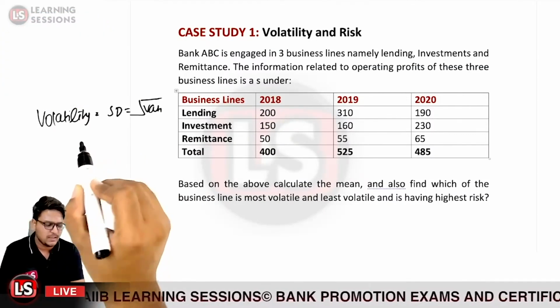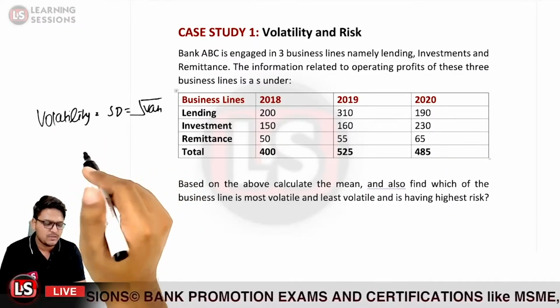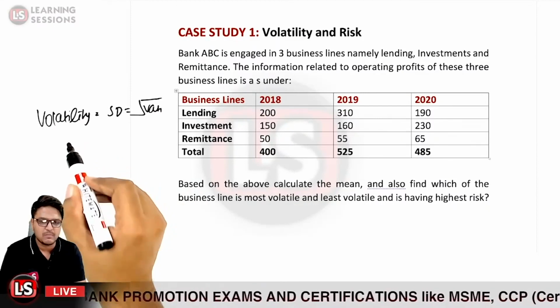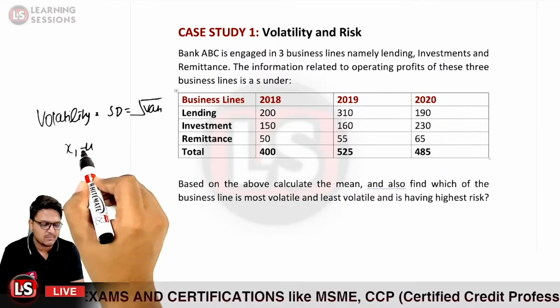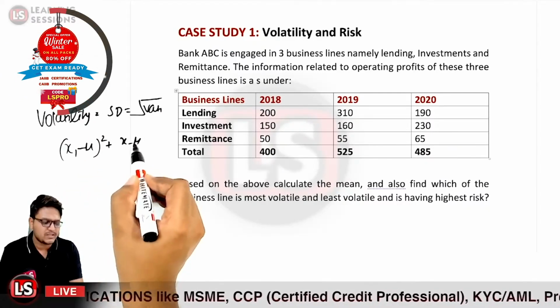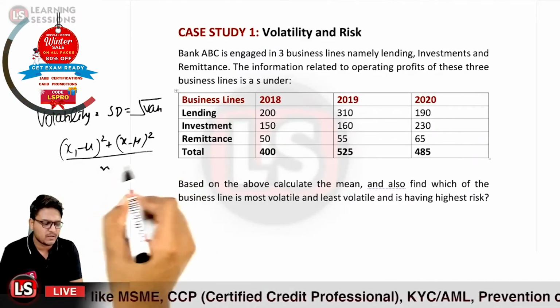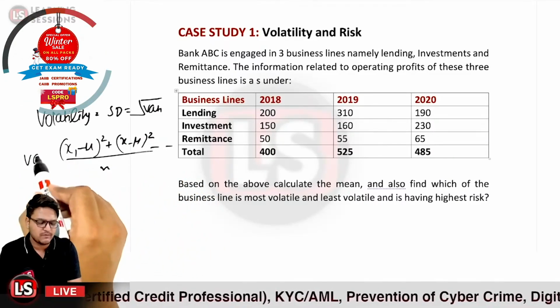For each and every term, you will be subtracting the mean value from it. So it will be x1 minus mu, let us take mu as the mean, and square of it, then x2 minus mu squared and so on, divided by the number of terms n, and that would be the variance that we need to calculate.